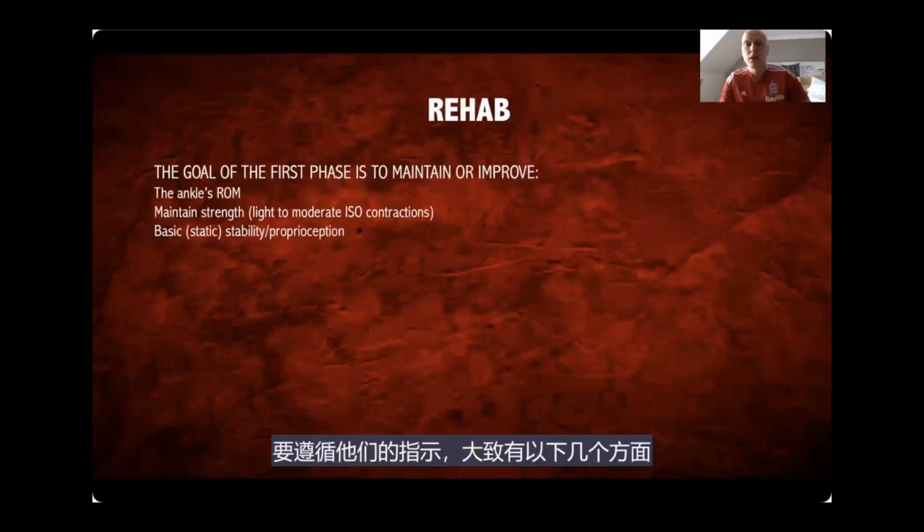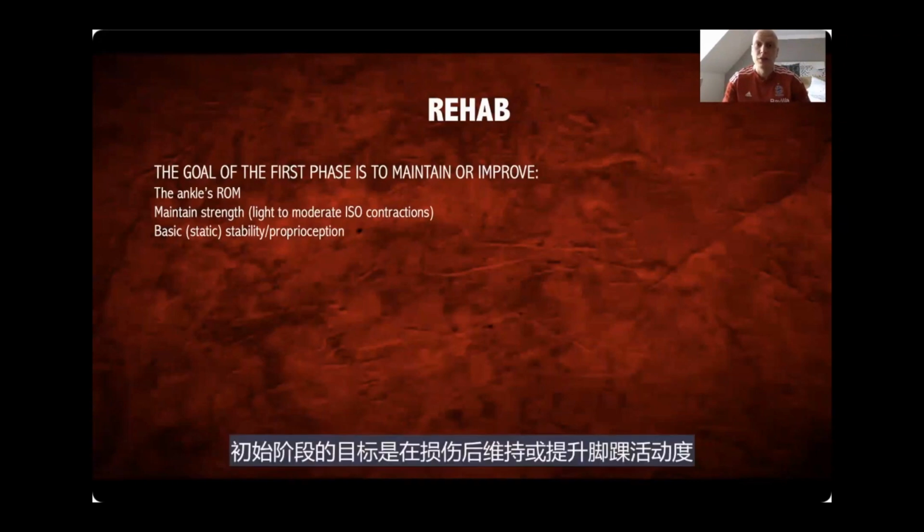So, when it comes to real rehab, some general guidelines are as follows. The goal of the first phase after the ankle sprain is to maintain, or if we can improve, ankle range of motion.